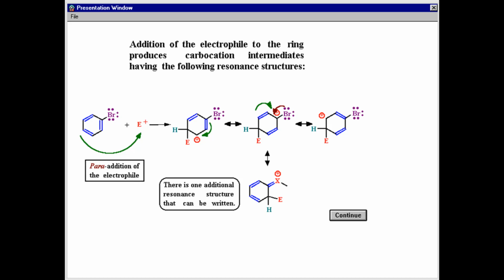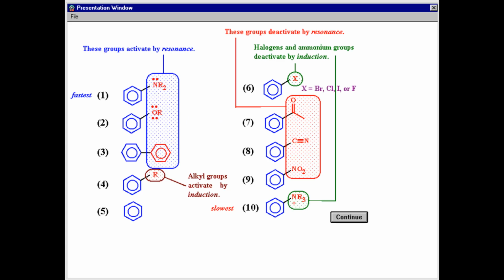So coming back here then, this is the table that we need to know. And there'll be an online quiz where you'll have to be able to rank these groups, and you'll have to be able to not only rank them from number 1 to number 10, but tell me whether the groups are activating or deactivating, whether they are activating and deactivating by induction or resonance.